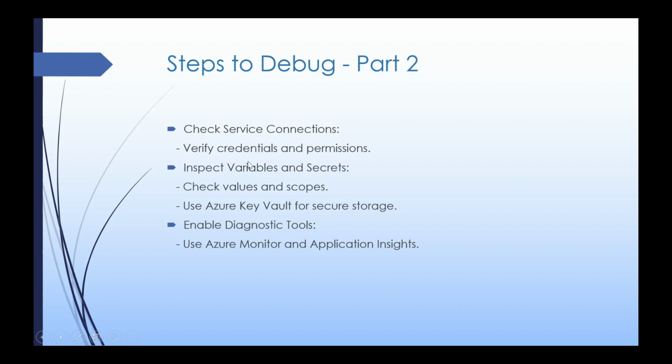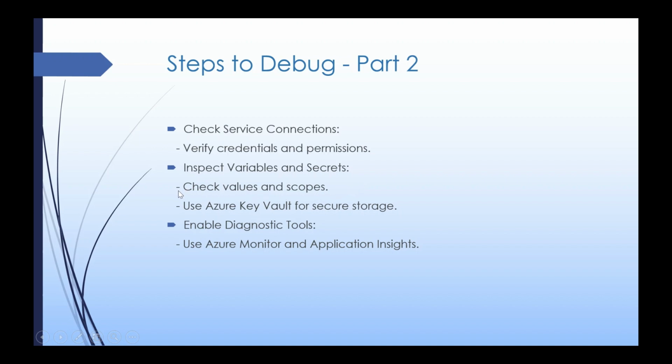Okay, make sure you are inspecting variables and secrets, checking values and scope correctly, so that all the values are correct based on the environment, and the scope is also correct. Suppose this variable group or variable is related to your development environment, make sure the scope is set as dev.